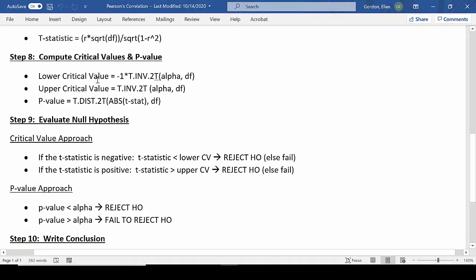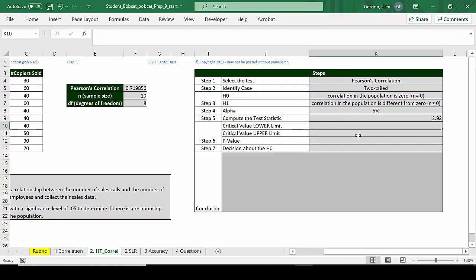Next, we're going to compute the critical values and the p-value. For the lower critical value, we're going to do -1 times the t.inv.2t function. And for the upper critical value, it'll just be the t.inv.2t function. The lower critical value is -1 times t.inv.2t, because we're conducting a two-tailed test. You can see that it asks for the probability.